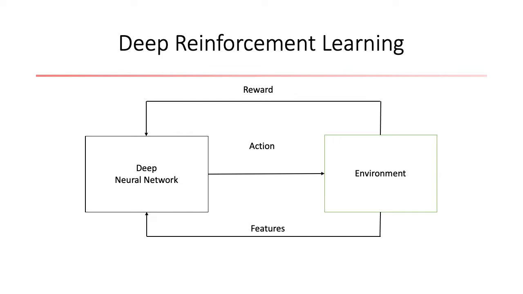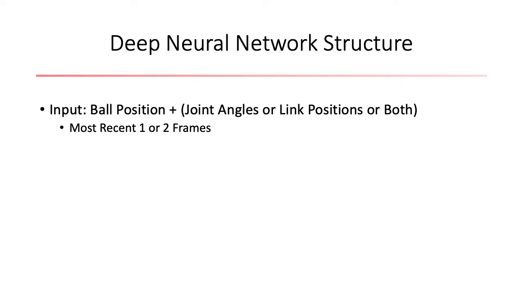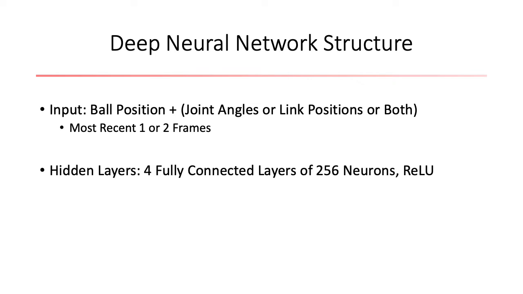Here we will explain the structure of the deep neural network evaluated. The input at each step is the ball position plus the chosen robot observation features for the 1 or 2 most recent simulation time steps. Our network has 4 fully connected hidden layers of 256 neurons each with ReLU activation.